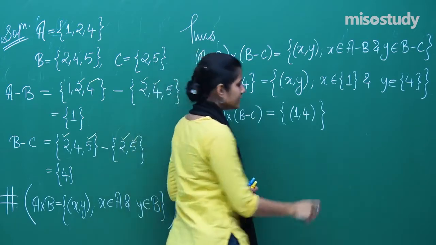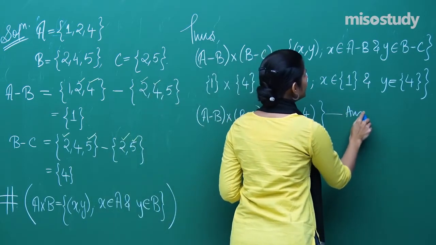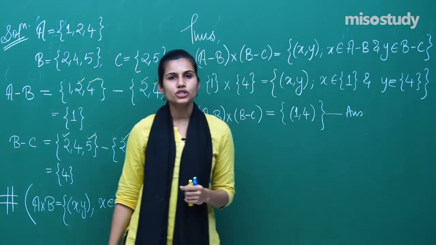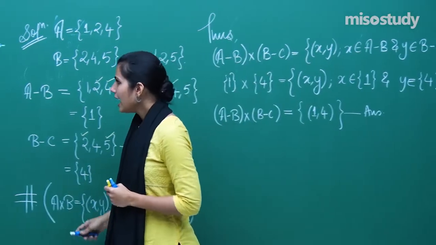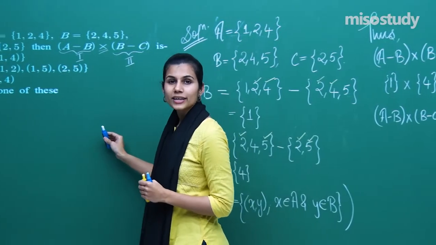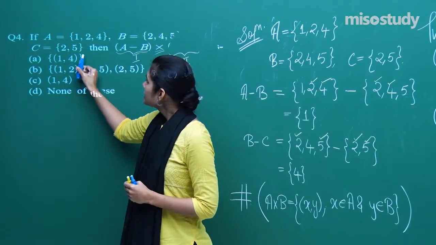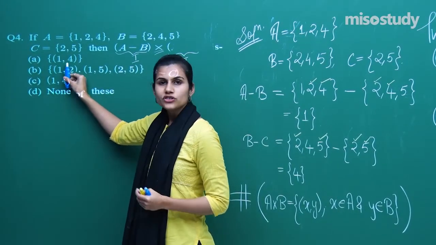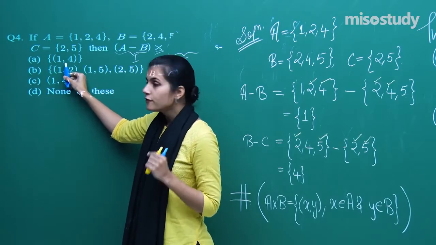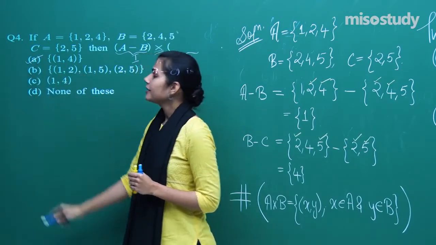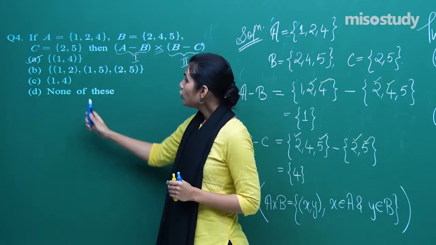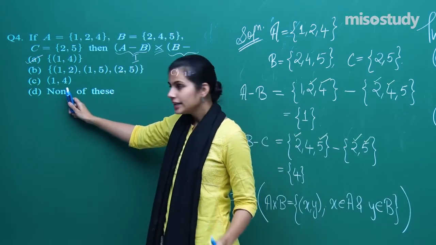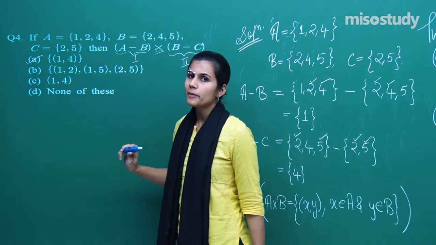Let's see if this is sitting as one of the options given or not. I want singleton set {(1, 4)}, the set inside which the only ordered pair (1, 4) is sitting, as my correct answer. If you look at option C carefully, it is saying the answer is (1, 4).